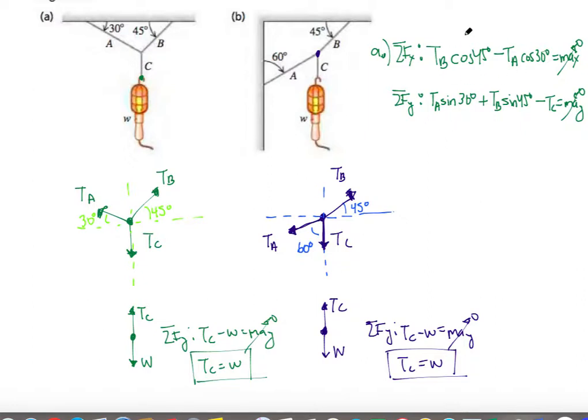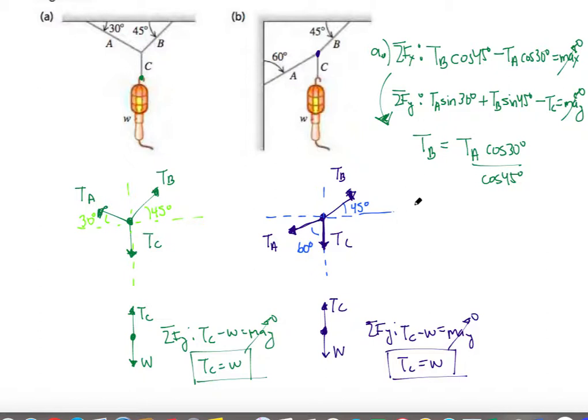I'm going to use my x equation to come up with an expression for TA. Actually, I'll start with TB first. Solving for TB in this first equation, I'm going to have tension A times the cosine of 30 degrees over the cosine of 45 degrees. And I'm going to substitute that into my y equation.